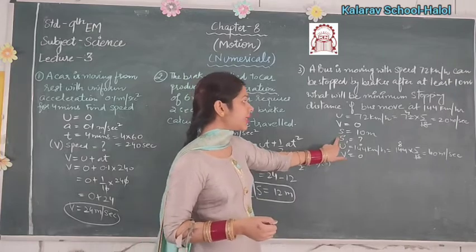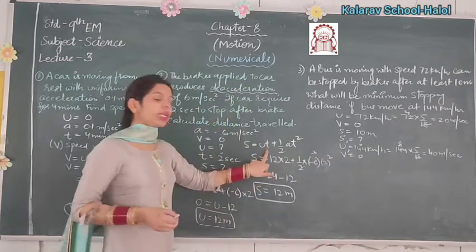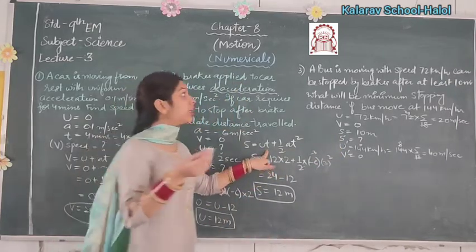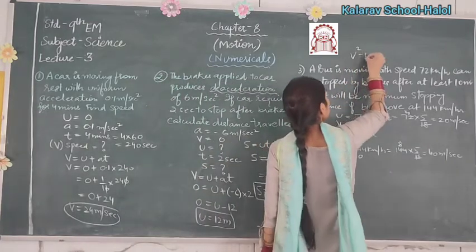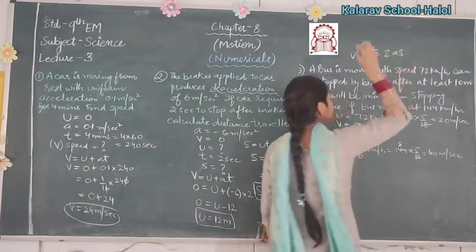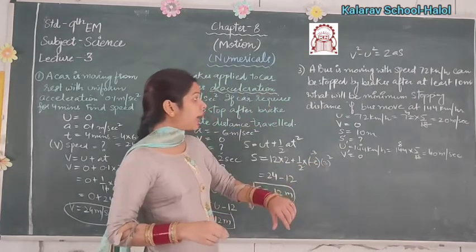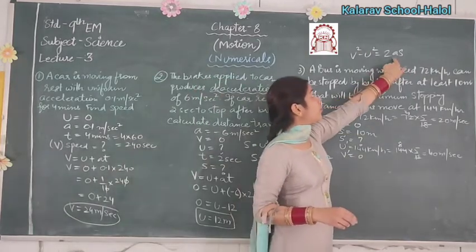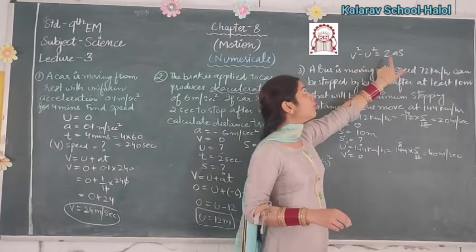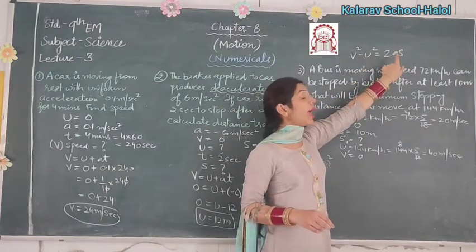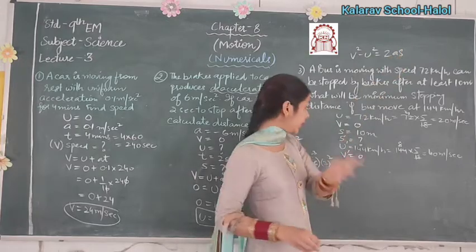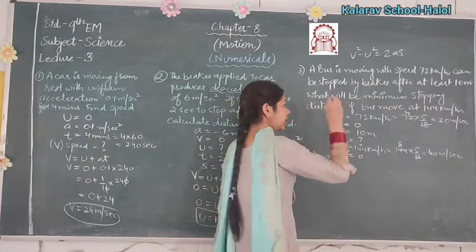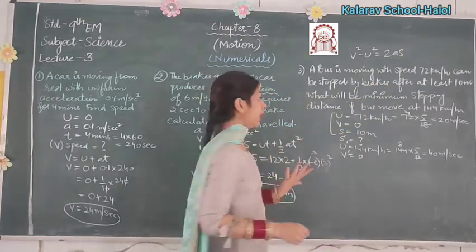For calculating s, we have to know t, but we have the other equation, that is v square minus u square is 2as. For that, we have to know the value of a. We have v, we have u, we don't have a, so we have to calculate a.